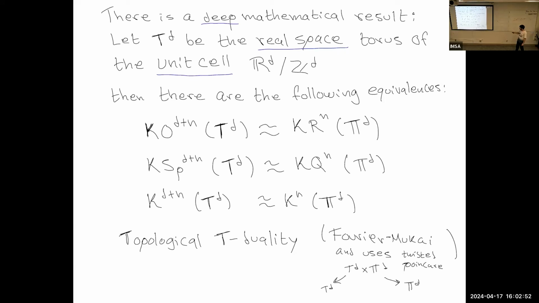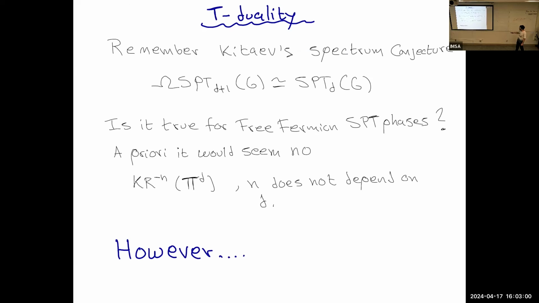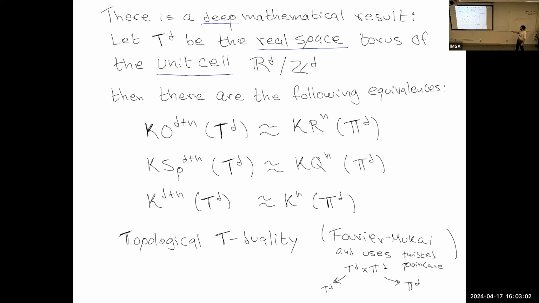I'm not gonna discuss the proof here. So that means that we can replace the groups that were appearing here by groups that depend on the dimension, but instead of being evaluated at the momentum Brillouin zone, they're evaluated at the unit cell torus, at the real space torus.